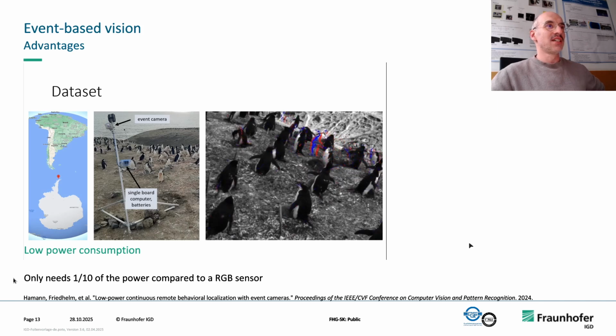So instead, the RGB frequency was around 1 every 5 seconds, and the actual motion was recorded with the event camera. And as you can see in the event stream, we capture the rain that is falling and the motion of the penguins. However, this is also the largest disadvantage of an event-based sensor.